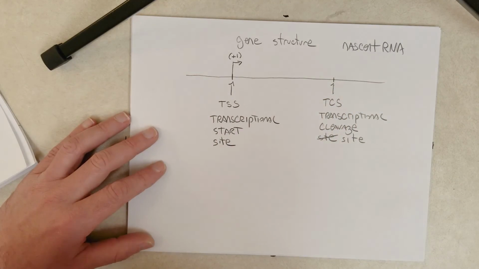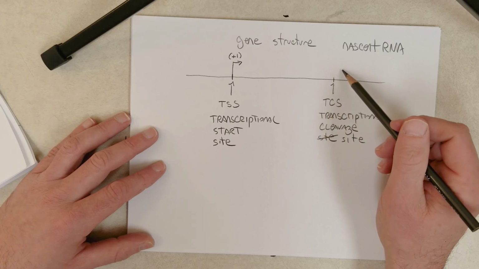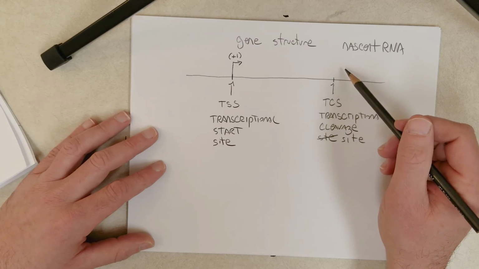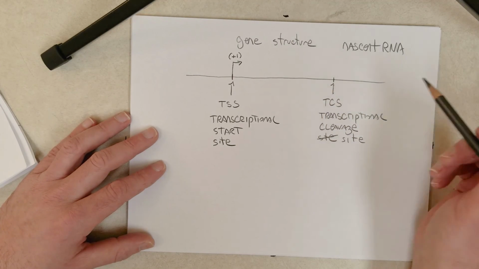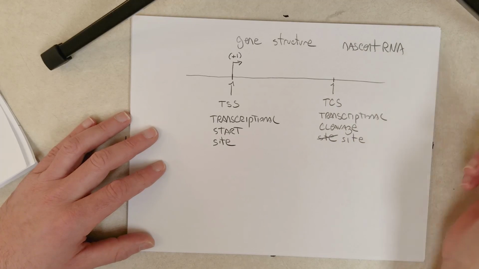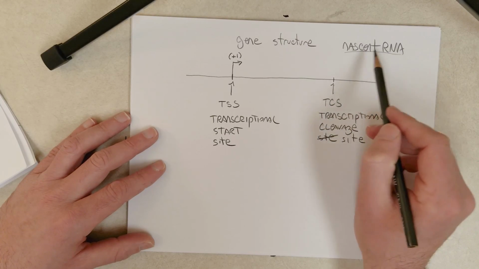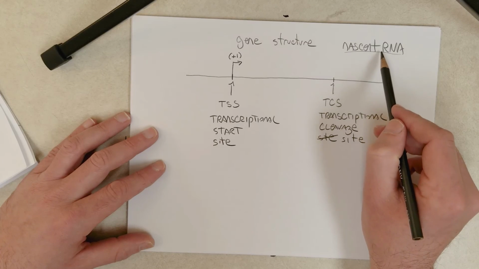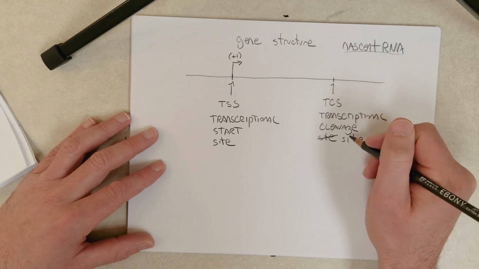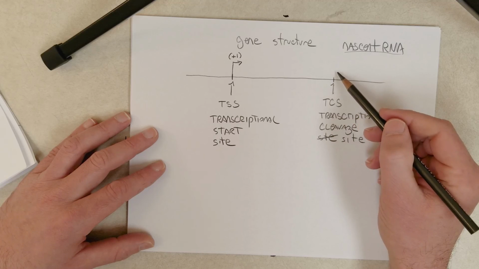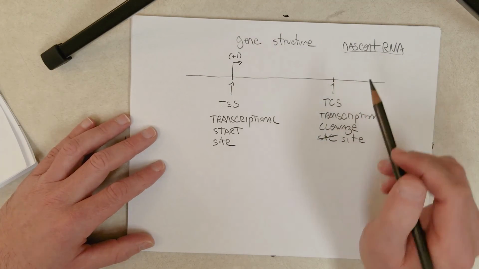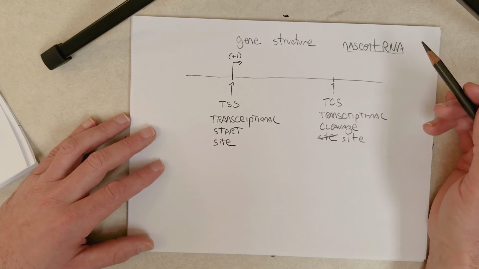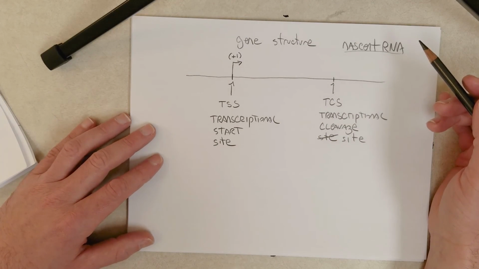When the cell cleaves the nascent RNA from the RNA polymerase to release the transcript, it's no longer a nascent RNA. It's either a pre-RNA or a ribosomal RNA or a transfer RNA. But as it's being synthesized, it's called the nascent RNA. The transcriptional cleavage site is the site at which the nascent RNA is cleaved from the RNA polymerase as part of becoming a fully functional RNA transcript.